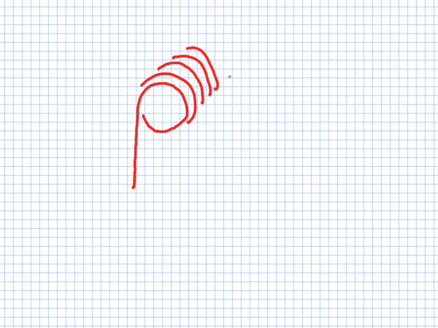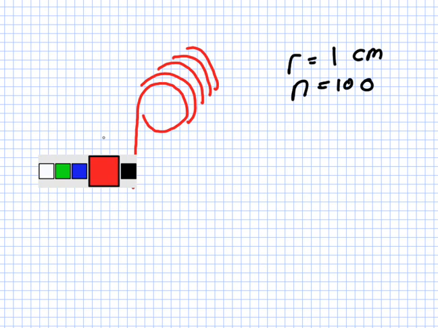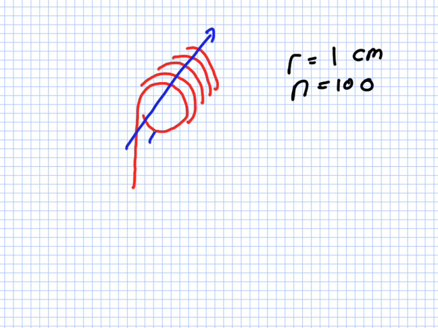Right, so the radius of this here is, let's say, 1 centimetre. And let's say there are 100 turns. And there's a magnetic field running through this, which I'll draw in blue. This magnetic field has a magnetic flux density of 1 millitesla.